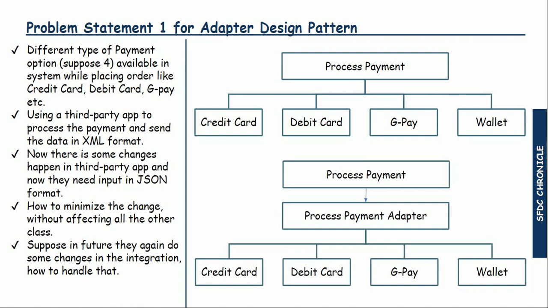In that adapter, we're going to change the XML to JSON and then pass it to process payment so that our third party app will take the input in JSON format. So that is how, using process payment adapter, that is the adapter design pattern, we can easily solve this problem.